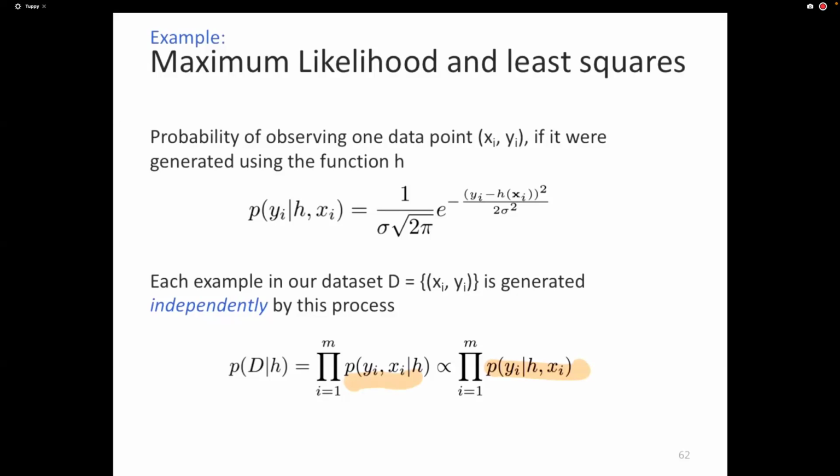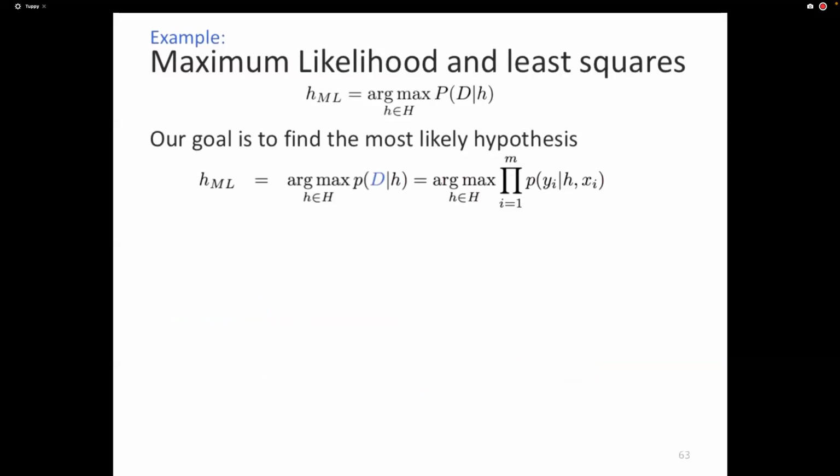So the likelihood of the data is proportional to the product of these expressions, which were all Gaussian, given the hypothesis. And that's exactly the same as the hypothesis h that maximizes the product of P of y given x comma h.